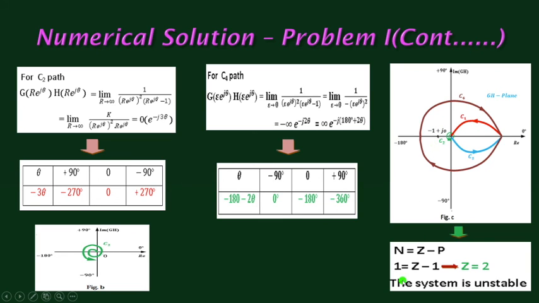So N equal to 1, then Z equal to 2. This system is unstable because two characteristic zeros are present on the right hand side of the S-plane. That means two closed loop poles are present on the right hand side of the S-plane. So this system is unstable.